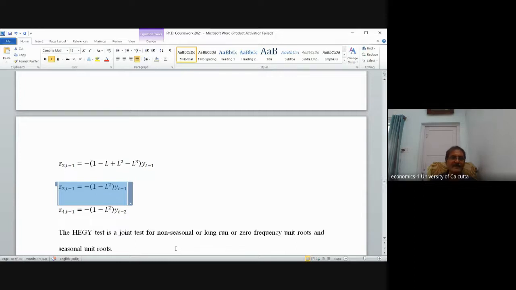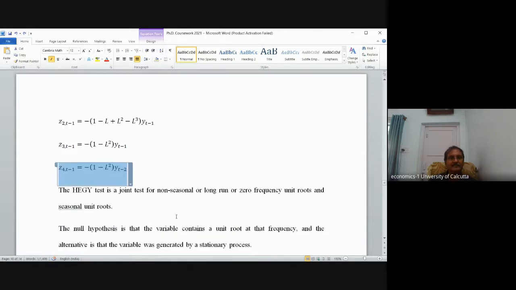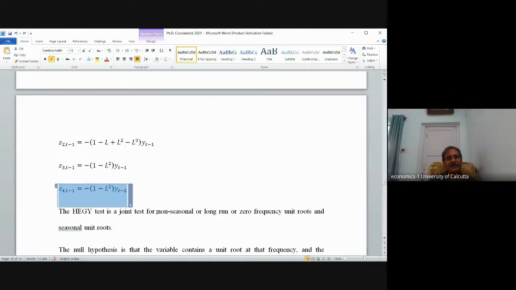And what is Z4 T minus 1? It is similar: minus 1 minus L square into YT minus 2. So it is equal to minus YT minus 2 plus YT minus 4. So Z3 T minus 1 considers the odd frequencies on quarterly basis. Z4 considers the even frequencies on quarterly basis.